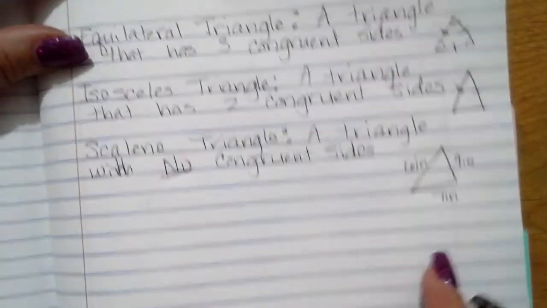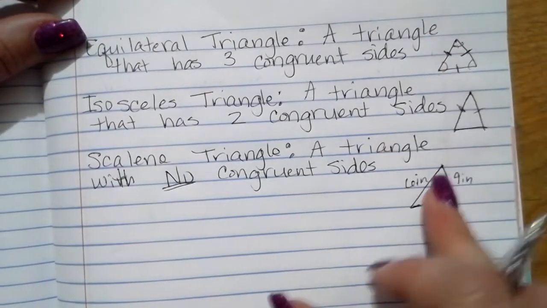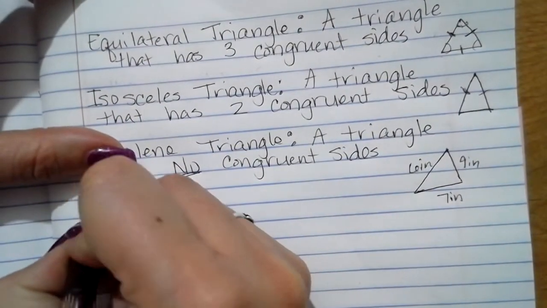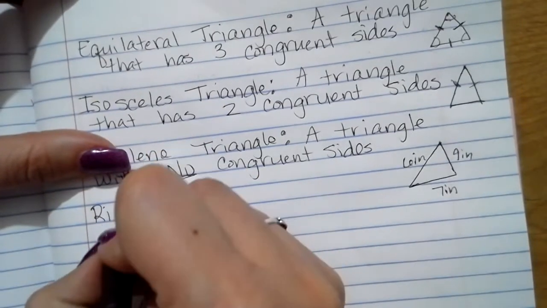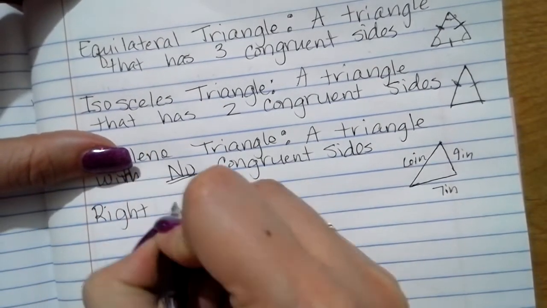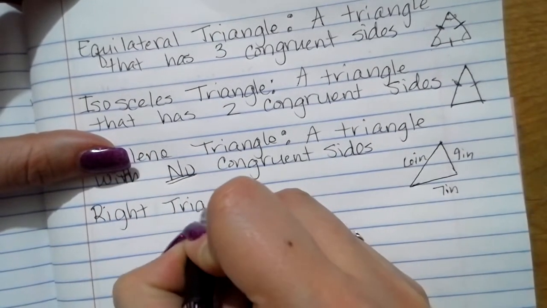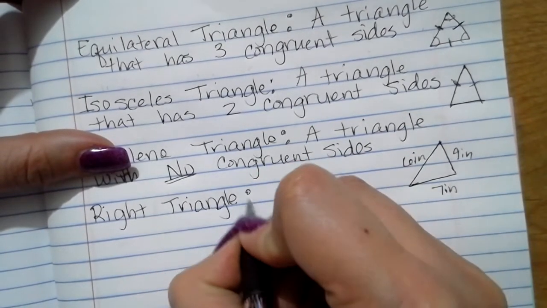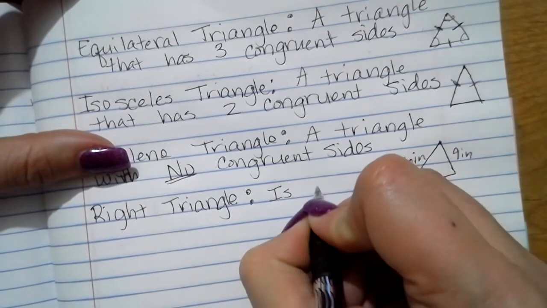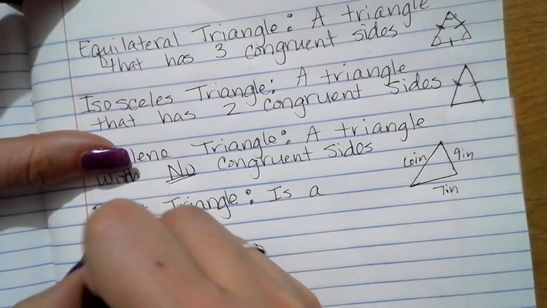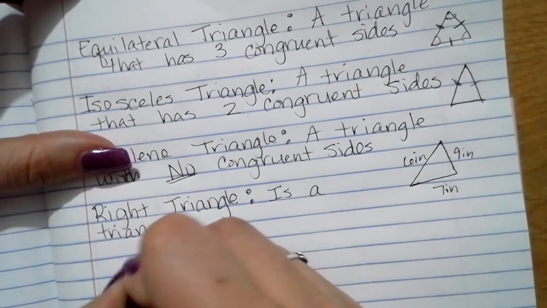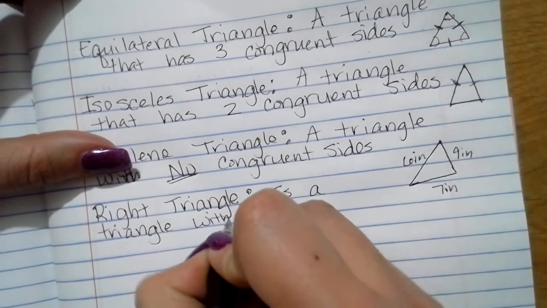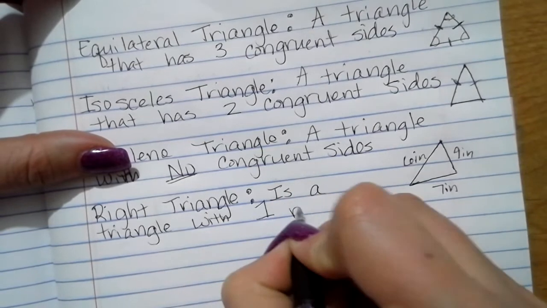So we talked about the lengths of the outsides. Now let's talk about the insides of the triangles. So a right triangle is a triangle with one right angle.